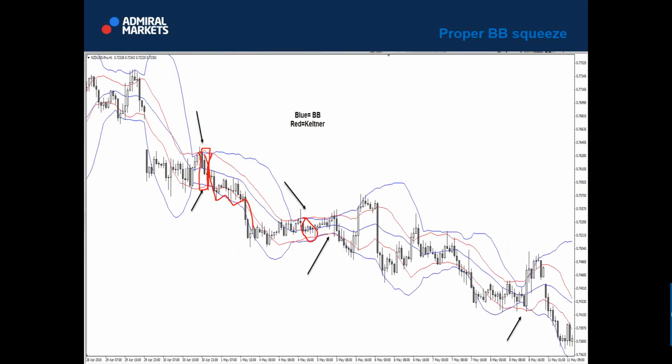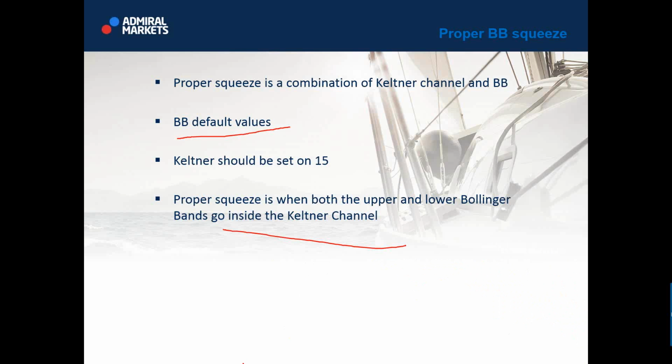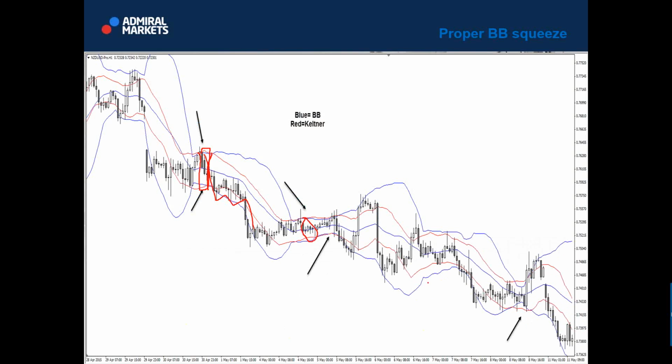Proper squeeze. It does not happen always. That is why we need to filter out the Bollinger Band squeeze with Keltner channel. Okay? Not every squeeze on Bollinger Band is a proper squeeze.